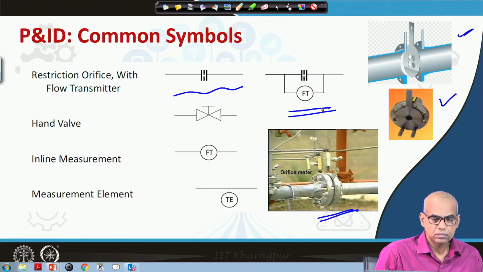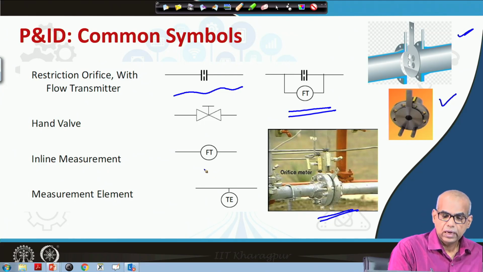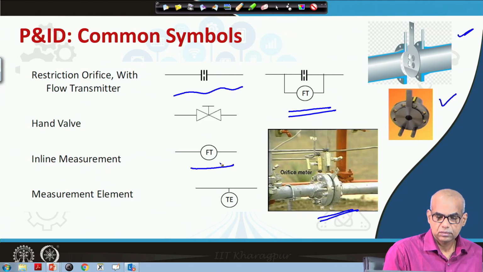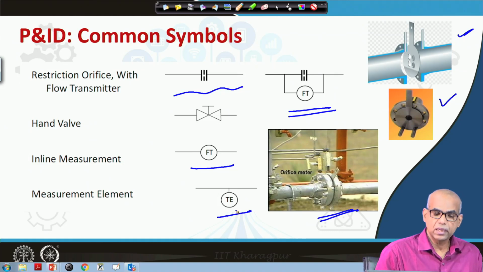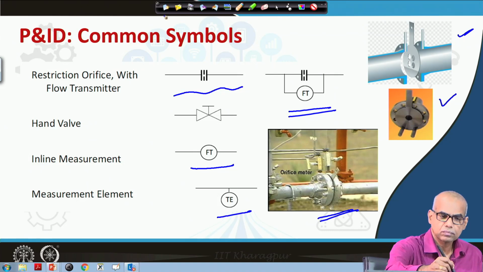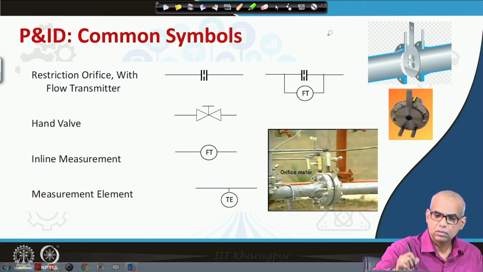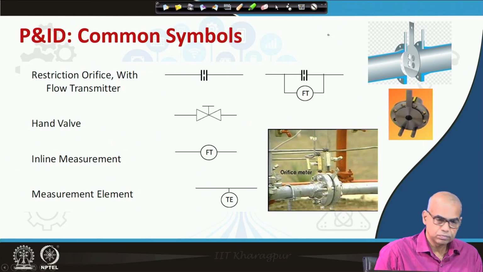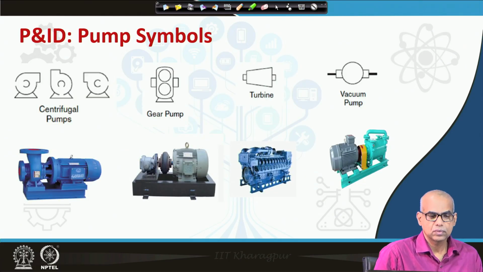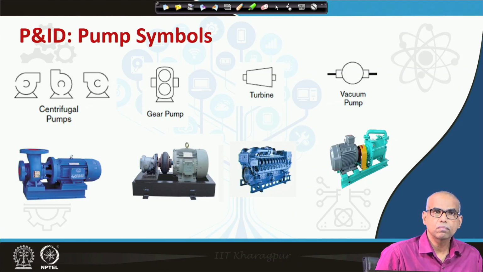Hand valve, inline flow measurement, and this is a measuring element, TE, temperature measuring element. We will learn about nomenclature soon. Here are some symbols for pumps: centrifugal pumps, gear pumps, turbine, vacuum pump.